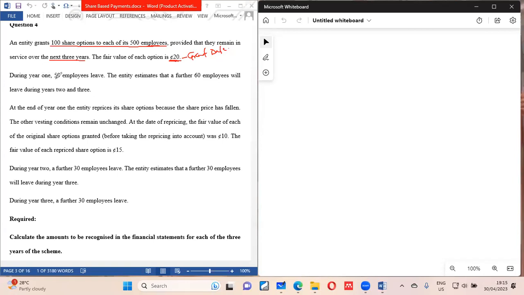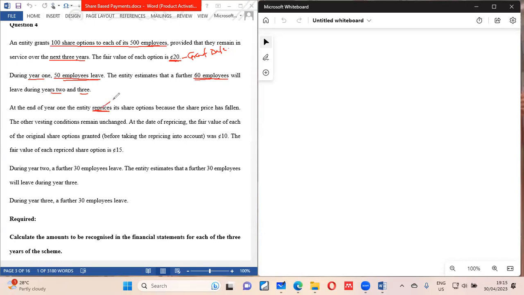Now it says that during the year, 50 employees leave. During year 1, 50 employees leave. Then the entity estimates that a further 60 employees will leave during years 2 and 3. At the end of year 1, the entity reprices.